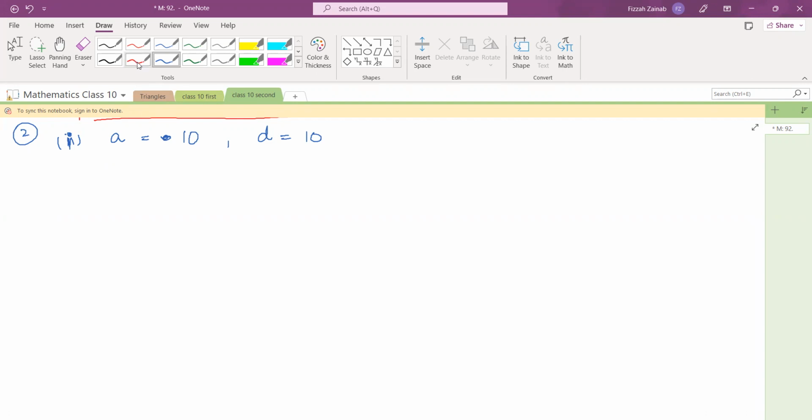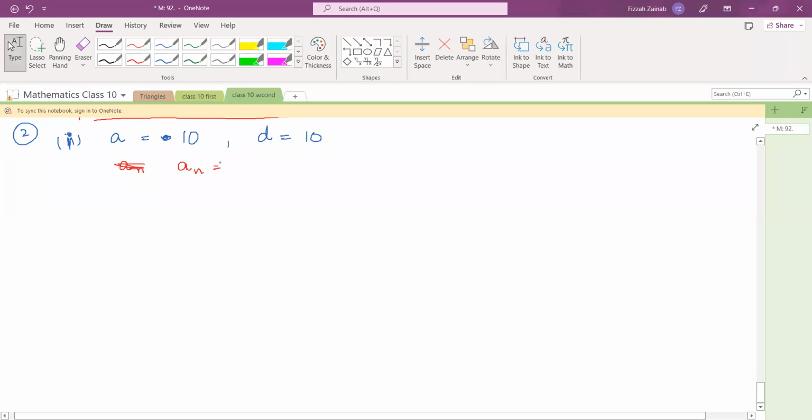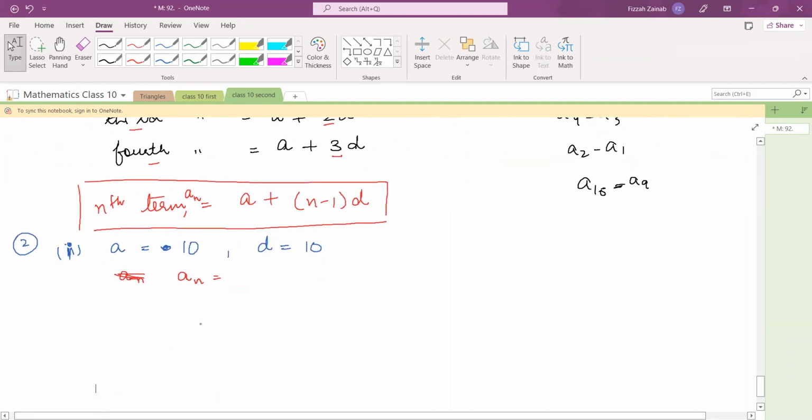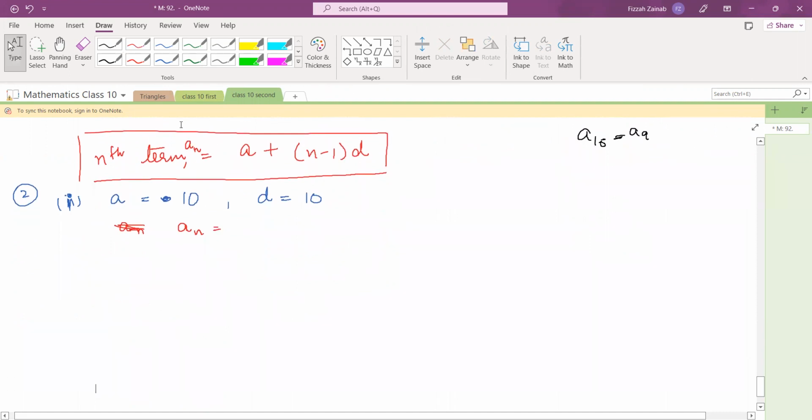You start with the formula: an, that means the nth term, is denoted by an. So an is a plus (n minus 1) into d. You are interested in a2, the second term: a plus 2 minus 1 into d.